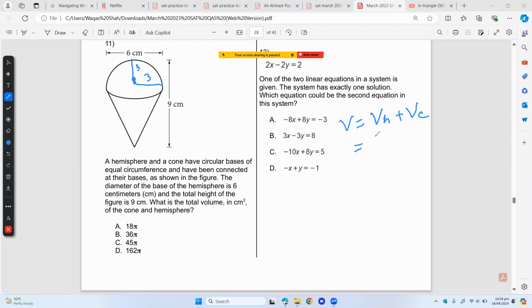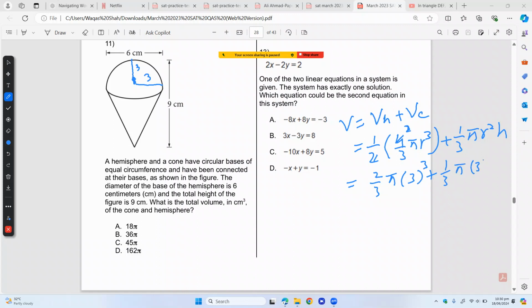Since the hemisphere is half of a sphere, we write 1 over 2 times the volume of sphere, which is 4 by 3 pi r cube, and then the volume of cone is 1 by 3 pi r square h. The 2 can be cancelled, so it will be 2 by 3 pi, and the radius is 3, so it will be 3 cube, plus 1 over 3 pi, and r is 3 as well.